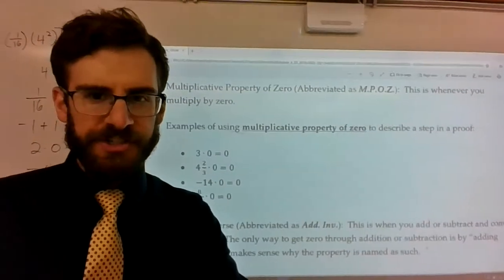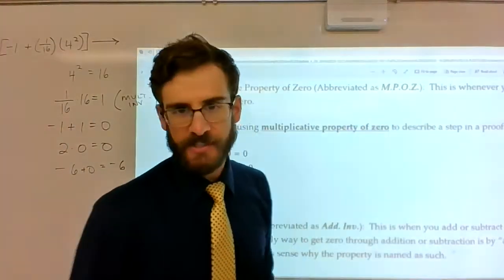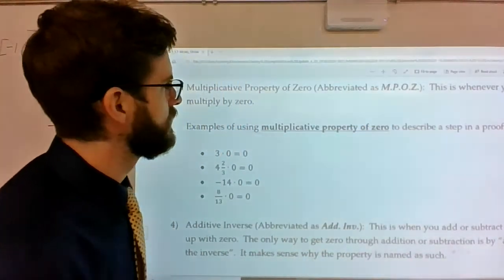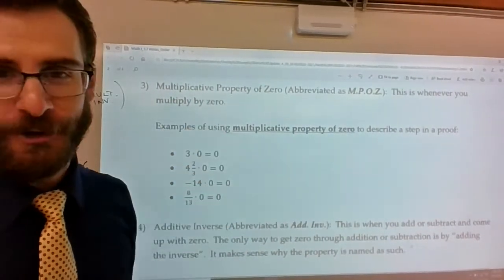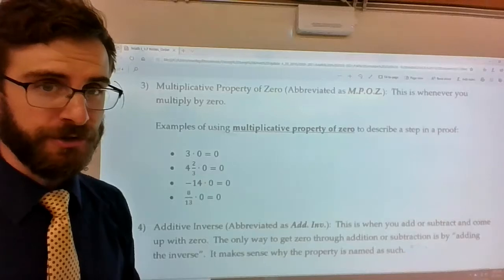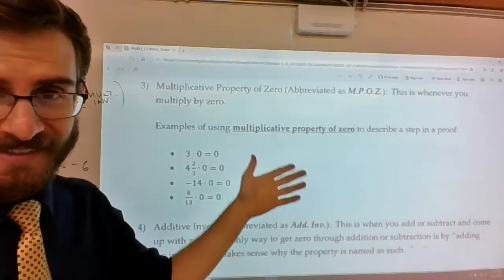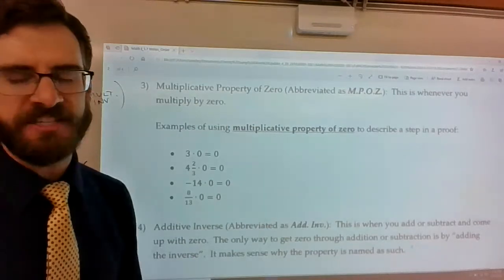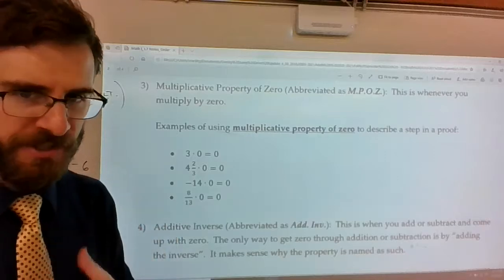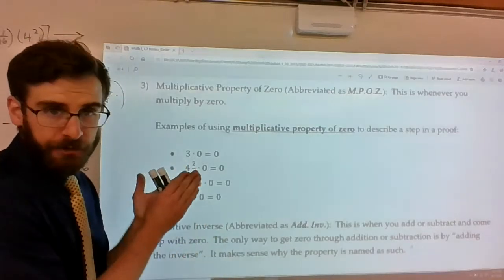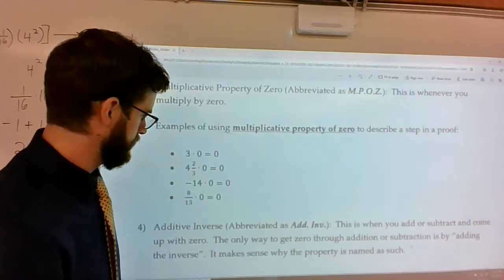All right, the next one is the multiplicative property of 0, abbreviated as MPOZ. This is whenever you multiply by 0. It's pretty straightforward. It's basically establishing something that we all kind of take for granted: whenever you multiply by 0, you get 0 at the tail end of that.